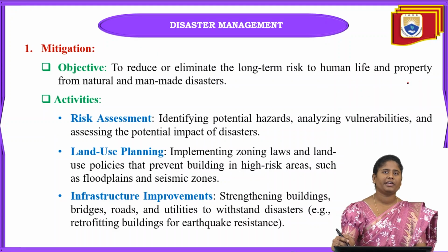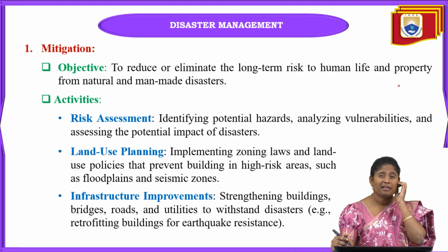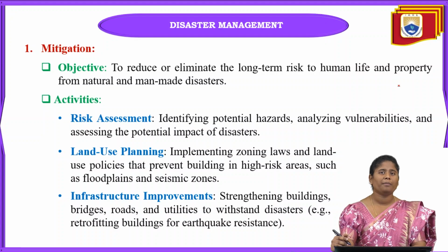First one is mitigation. Here the main objective of mitigation is to reduce and also eliminate the long-term risk towards human life and property from any type of man-made disasters, like chemical explosions, and natural disasters like floods, earthquakes, and volcanoes.